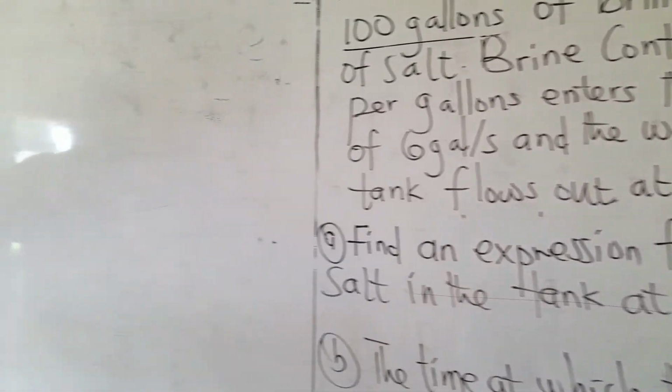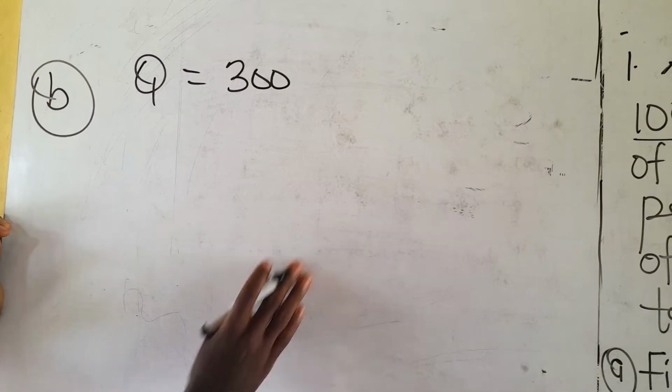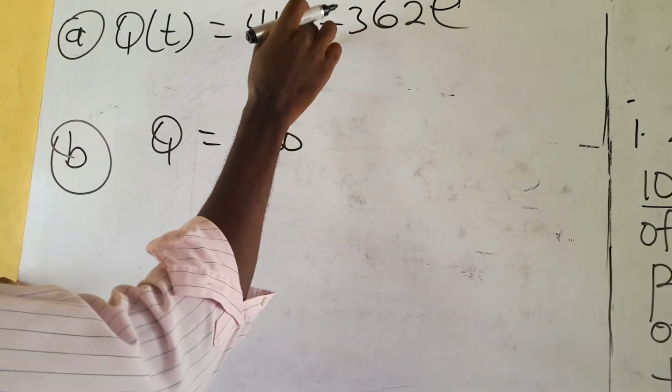So now let's come here. We know our Q to be equal to 300, then we find our T. We substitute the Q into this equation.